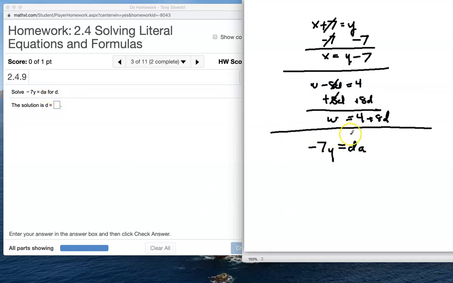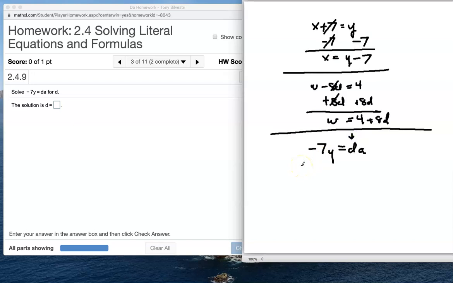I want d by itself. Well, what's happening here? d is being multiplied by a. I got to get rid of that a. The opposite of multiplying by a is dividing by a. Whatever you do on one side, you do on the other. The a's cancel. You're left with a d equals this expression.